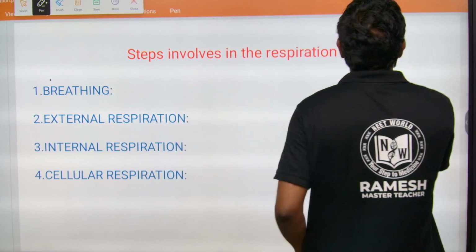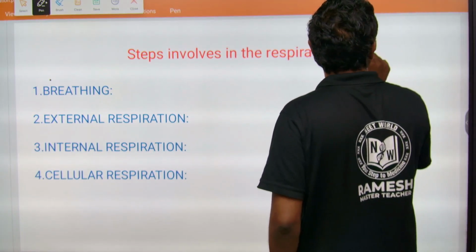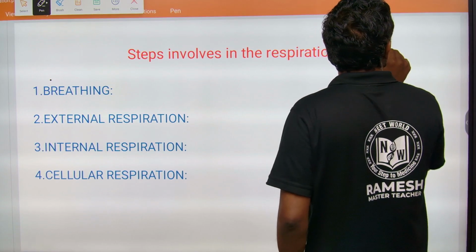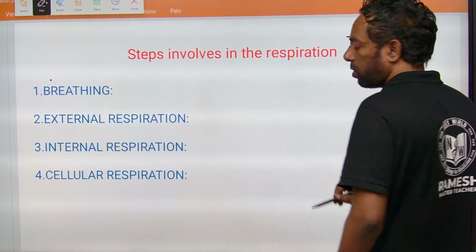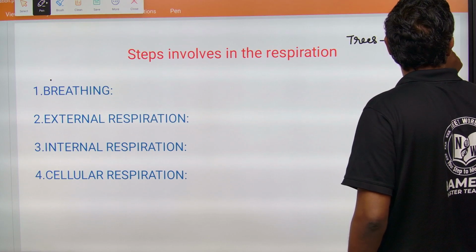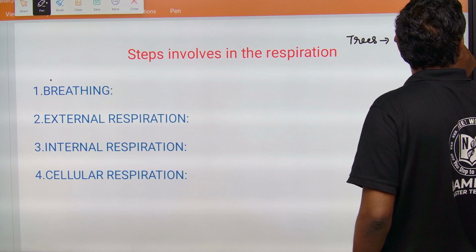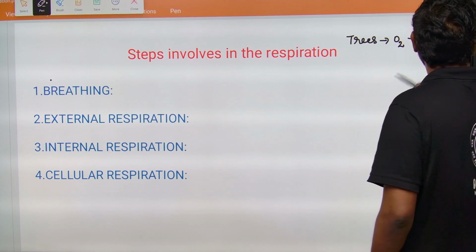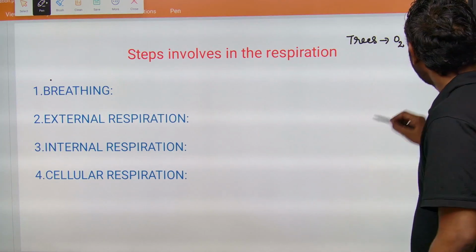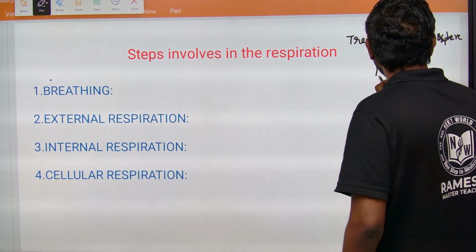Okay. Who can produce oxygen? The trees can produce oxygen in the atmosphere. In the atmosphere, the oxygen is generated. From the atmosphere, the oxygen reaches the lungs.